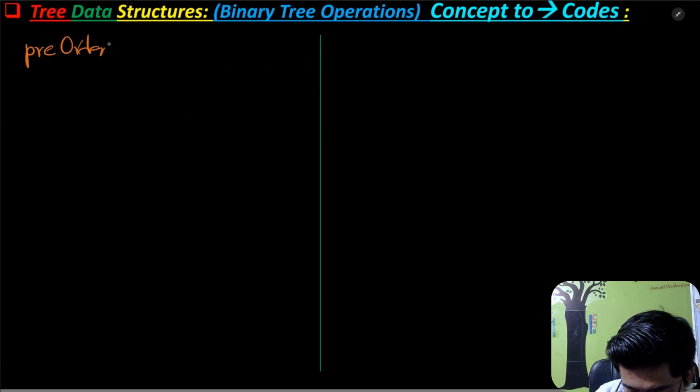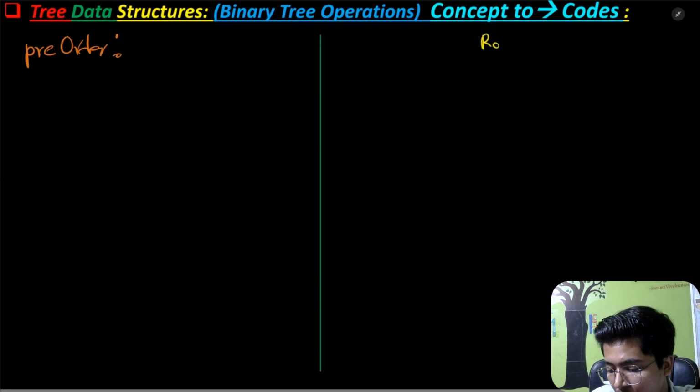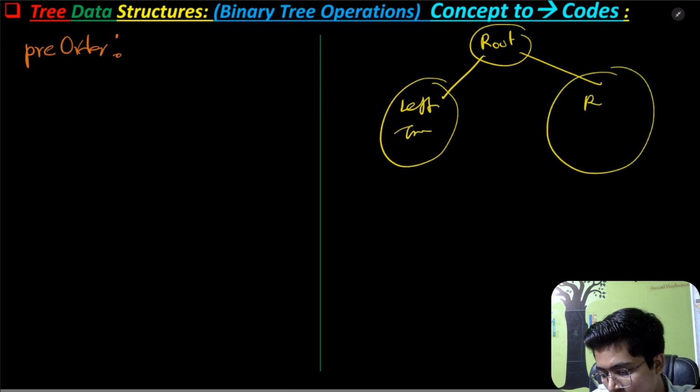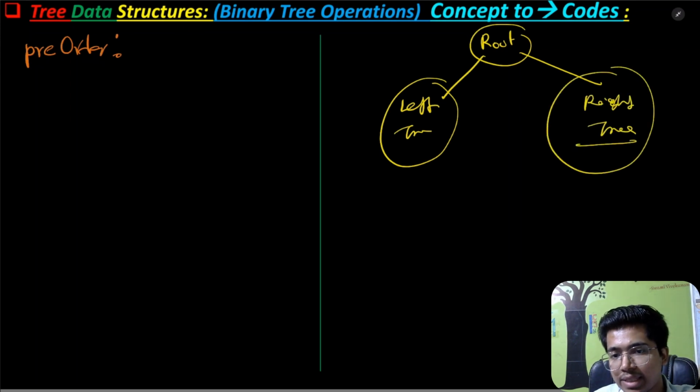So what we noticed in pre-order is that the general tree is like this. There is the root, and in this section there is the left tree, and in the right section there is the right tree. So that was the general tree structure we all know, and this general structure is called in-order.